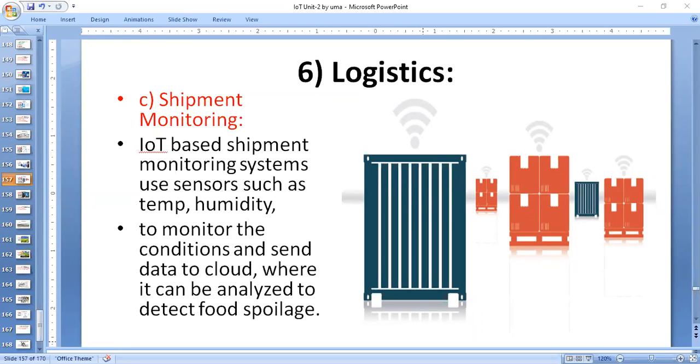If you see the diagram here, a large number of vehicles are there, carrying food. Here you will identify the spoilage of food in a container, monitor the conditions, and send the data to the cloud where it can be analyzed to detect the food spoilage. That is an important thing in shipment monitoring.